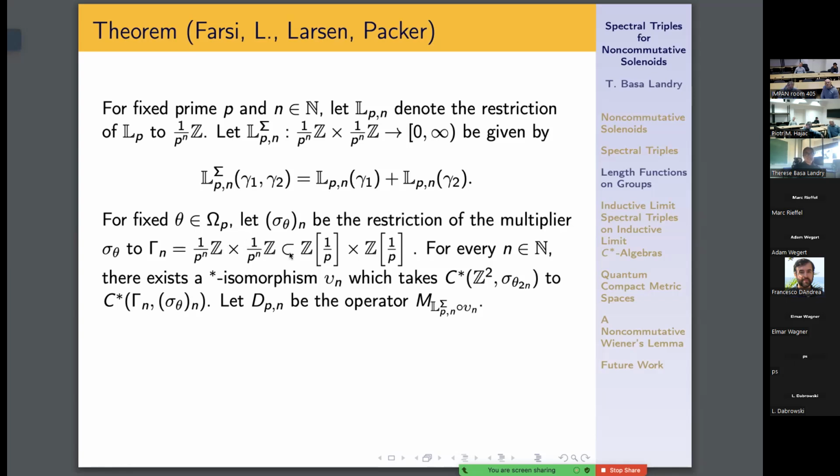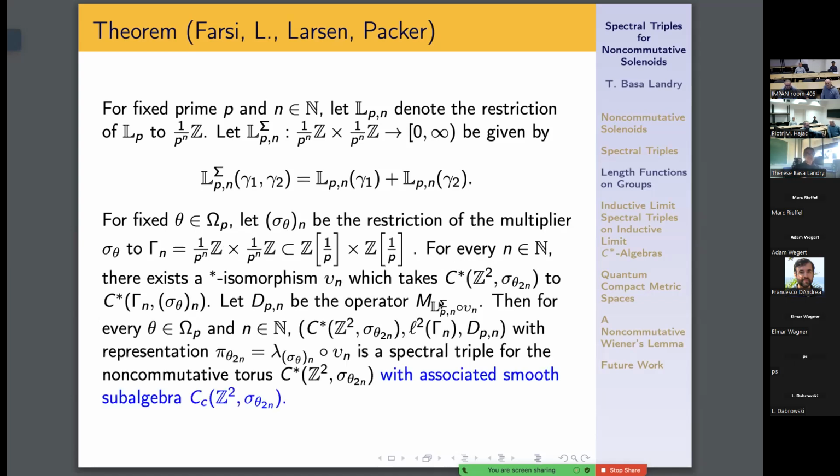And so take this as the restriction of our length function, and you restrict the multiplier accordingly. Then there exists a star isomorphism that takes this twisted group C star algebra between Z^2 equipped with this multiplier to this particular twisted group C star algebra. You can also use that star isomorphism to define a Dirac operator, and also adjusting the representation accordingly.